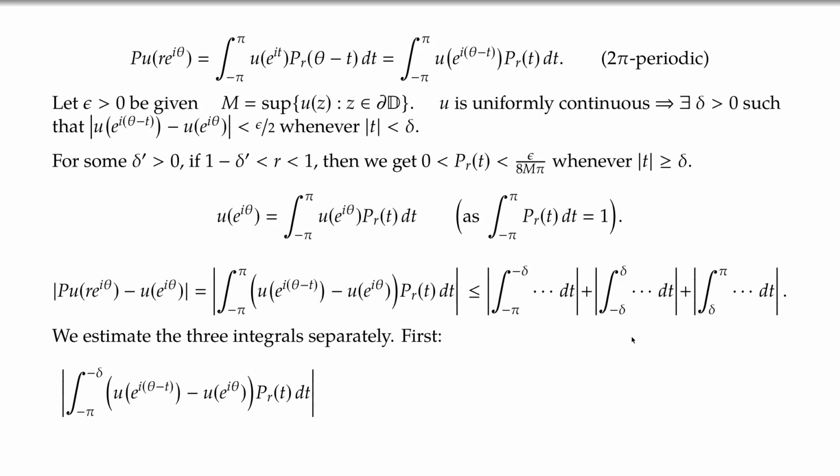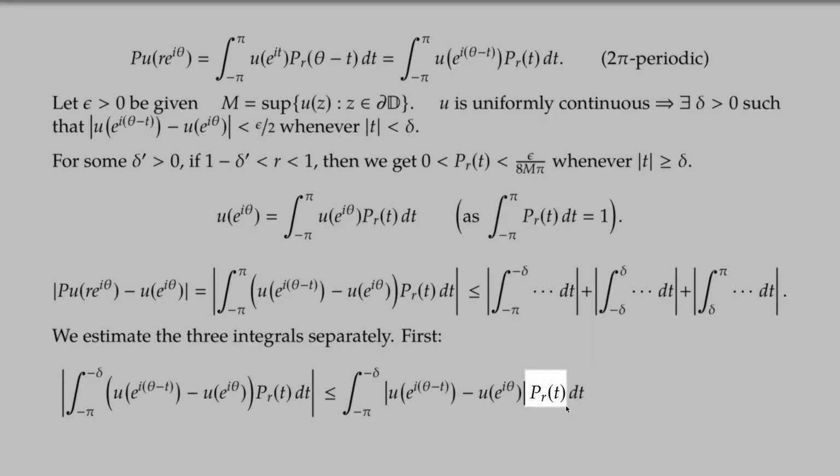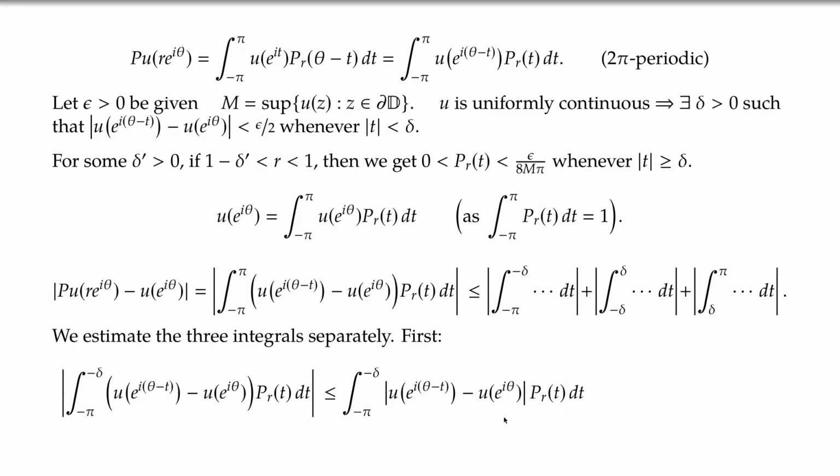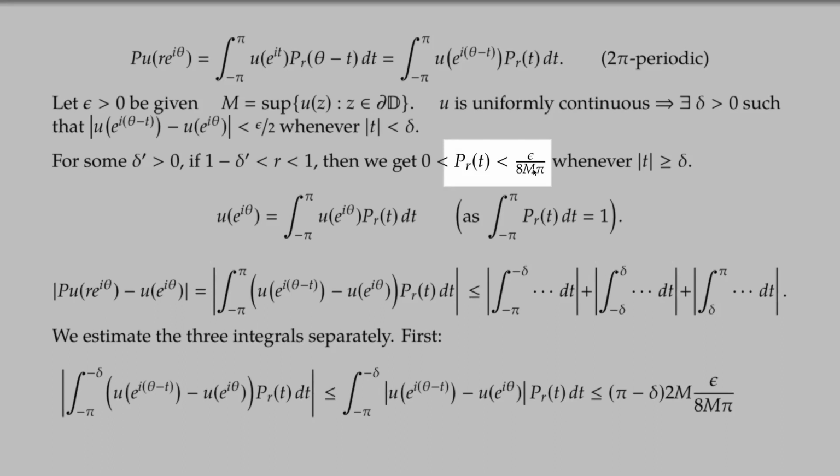So we have this is just what it is. That's this first integral, and we estimate by just this triangle inequality for integrals. P sub r is positive, so we don't need the absolute value on it, right? And now we use, before we just said, well, we'll just make this true, and it was just some random constant, right?